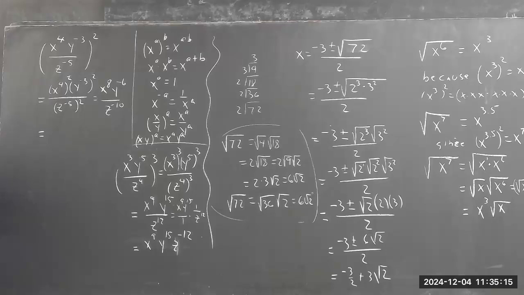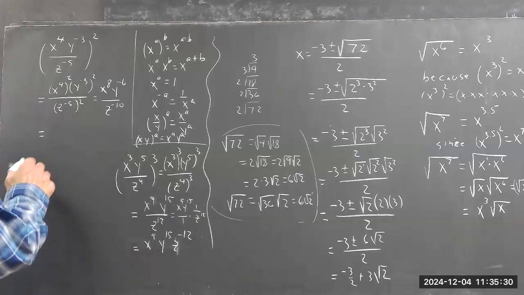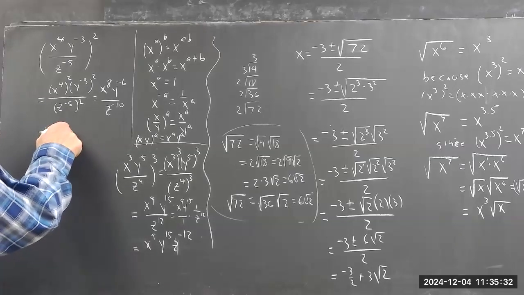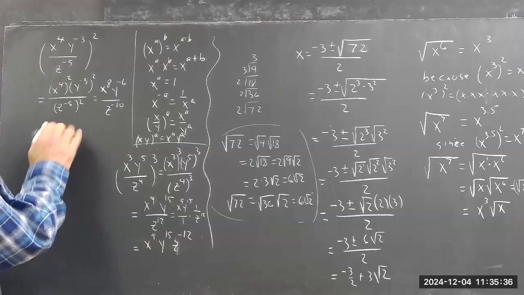Now, there are two ways we could write this. One way is like we have here. So that would be x to the eighth right here.